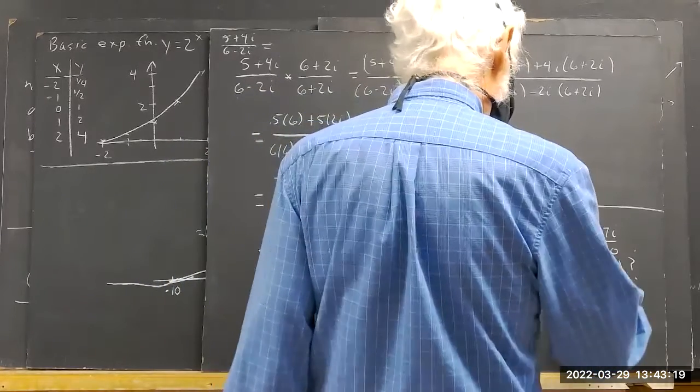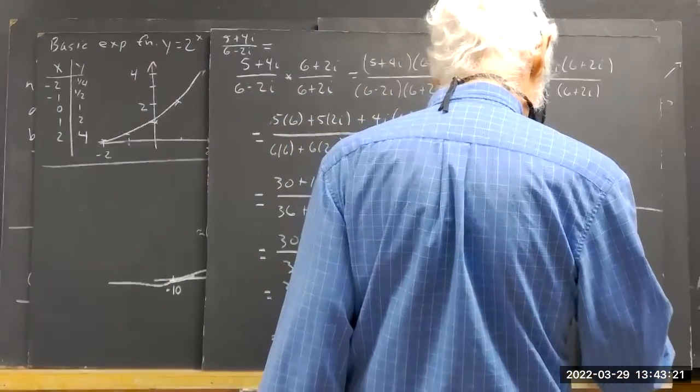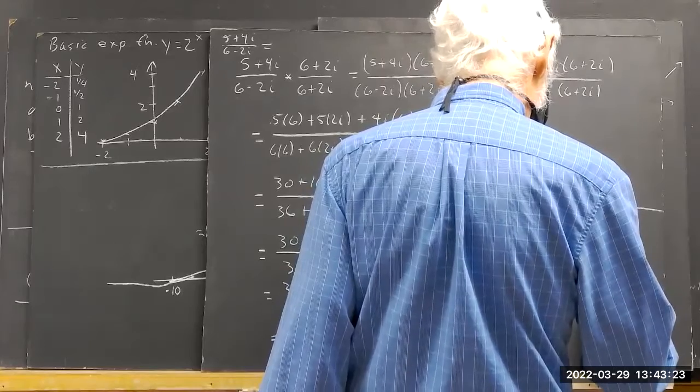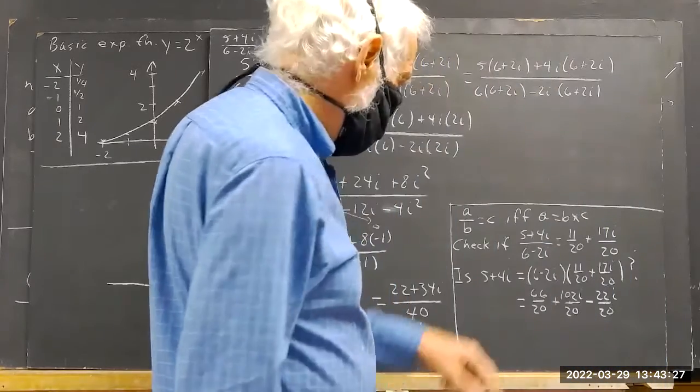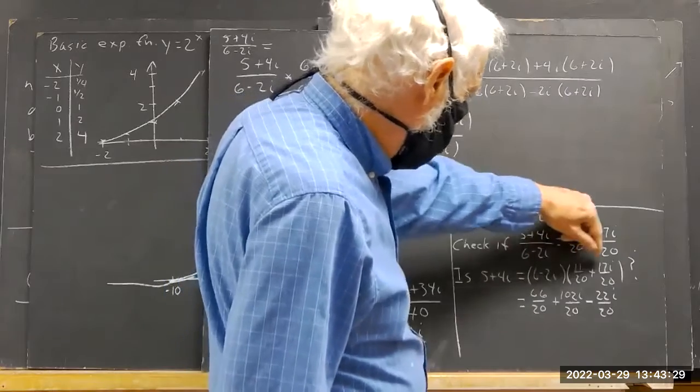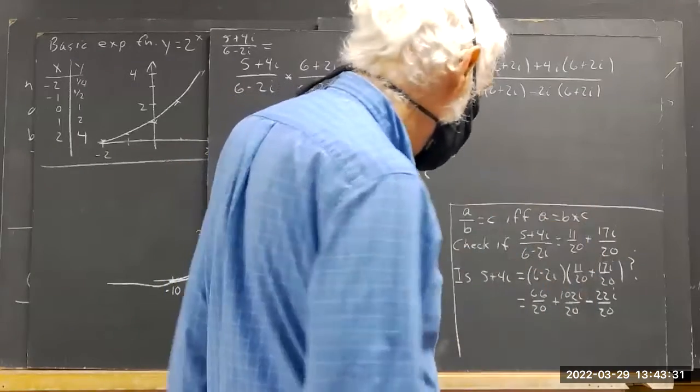And then we have minus 2i times 11 over 20, which is negative 22i over 20. And then 2 times 17 is 34.